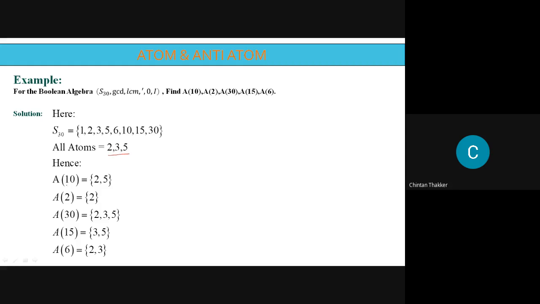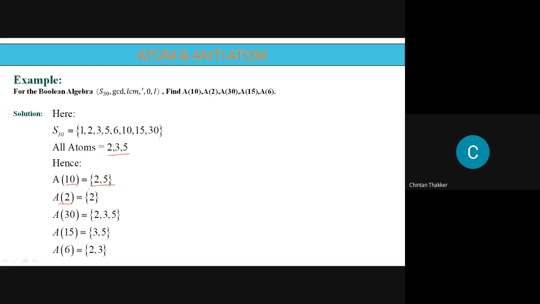A10 means we take in a set the atoms which are related to 10. Here 2 divides 10, 5 divides 10. So A10 is {2, 5}. A2: just 2 divides 2, so 2 is related to 2. So A2 is only the singleton {2}.